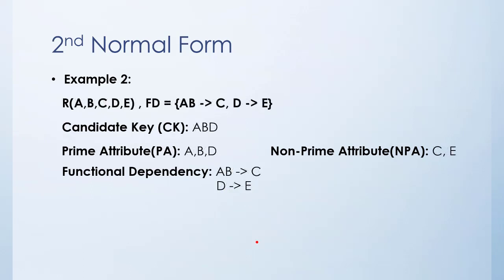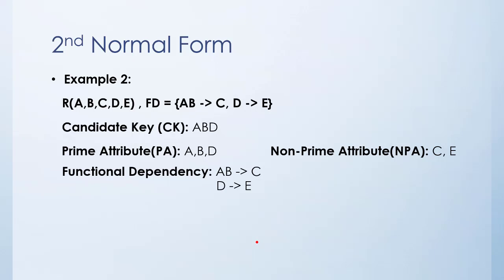Here there are 5 attributes in R: A, B, C, D and E. The functional dependencies are given by AB determines C and D determines E. Here you can see that the essential attributes are obviously A, B and D. So the closure of ABD will give me AB, and from AB we are going to get C, and D is giving me E. So the closure of ABD is the total relation.